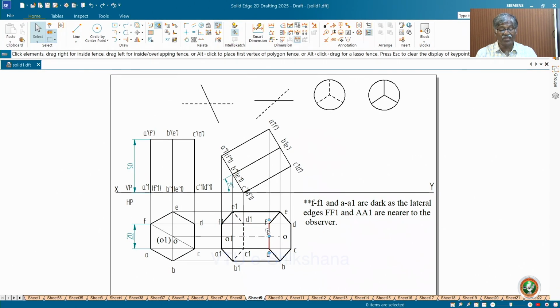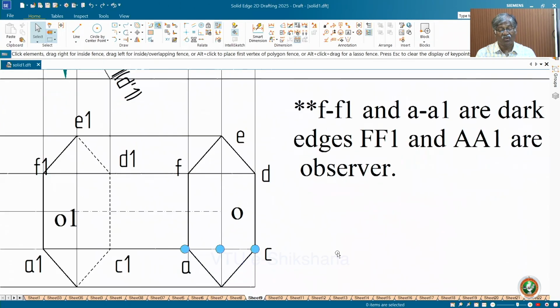Then the only scope is to draw the dotted line from F to D. The line is there. Even if you draw a dotted line, it looks like a dark line only. That is why we have made the preference: visible line, invisible line, then axis, then construction line. So C1D1 is dark up to this. Then this portion is dotted. So what I have to do is FD must be made hidden.